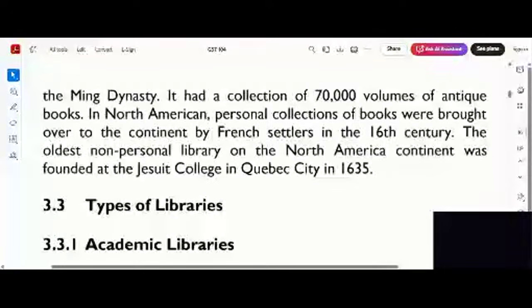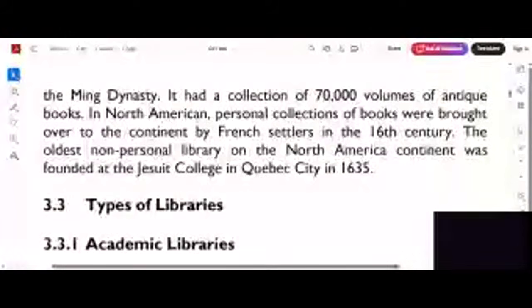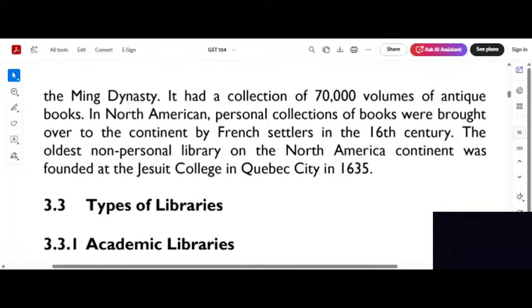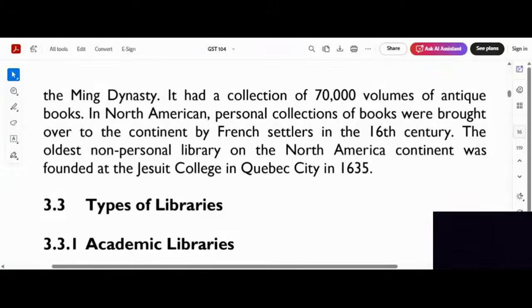What is a library? That is the first question. What is a library? I'll ask that question again in this video. So let's open the floor with that.